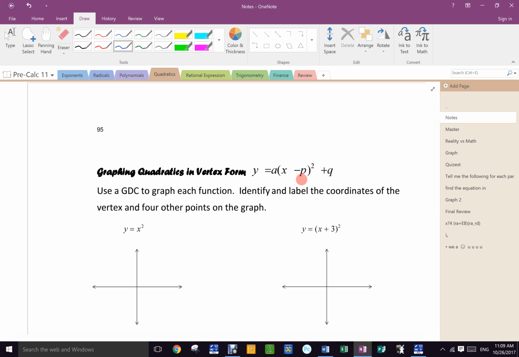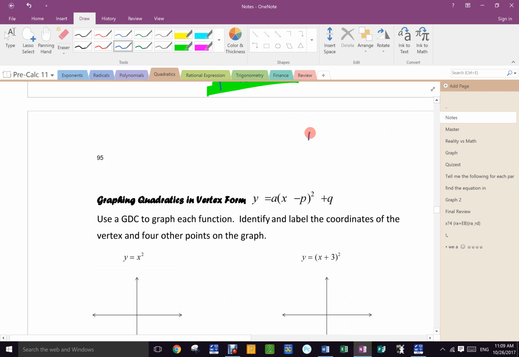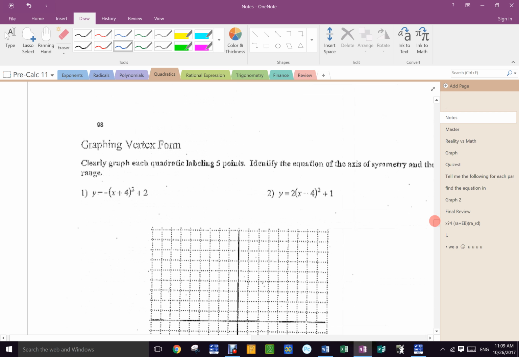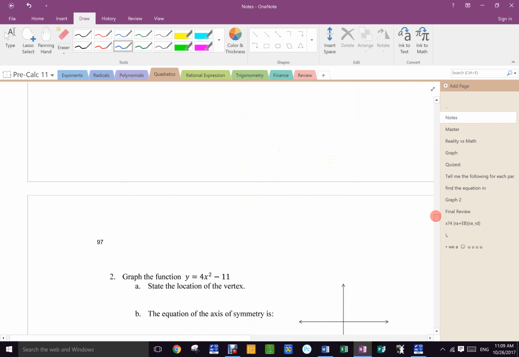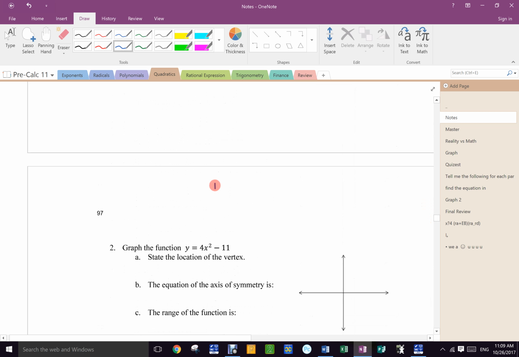So before I let you loose, we're going to do the first two just to show you what I mean. This is homework or work now. And you're going to do page 97. Okay? Yeah, go.